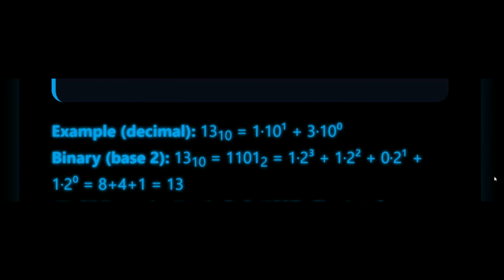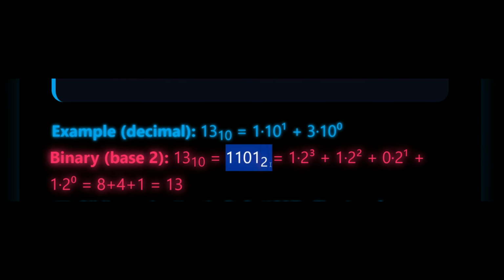Now how do we convert a binary number into a decimal? The representation of 13 in binary is 1101. It's base 2, that's why it's only 0 or 1. We do the same thing, taking the position as starting from 0. The value in position 0 is 1, the value in position 1 is 0, and the value in position 2 is 1.